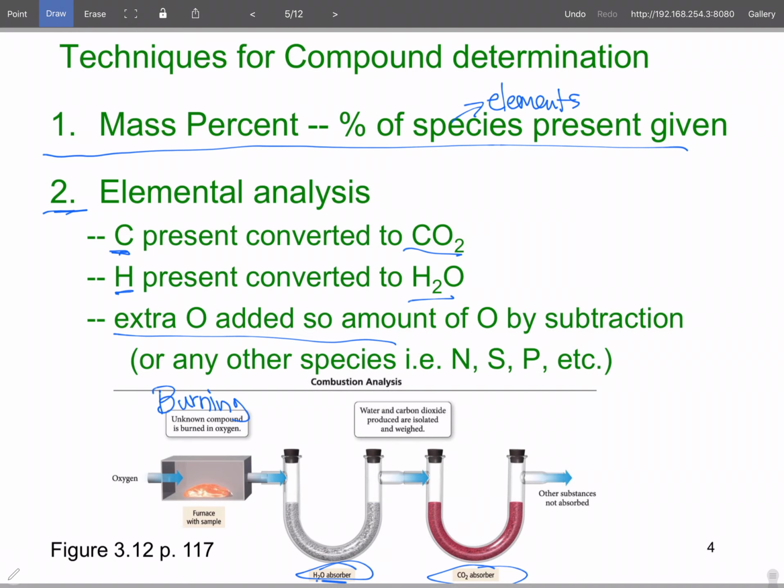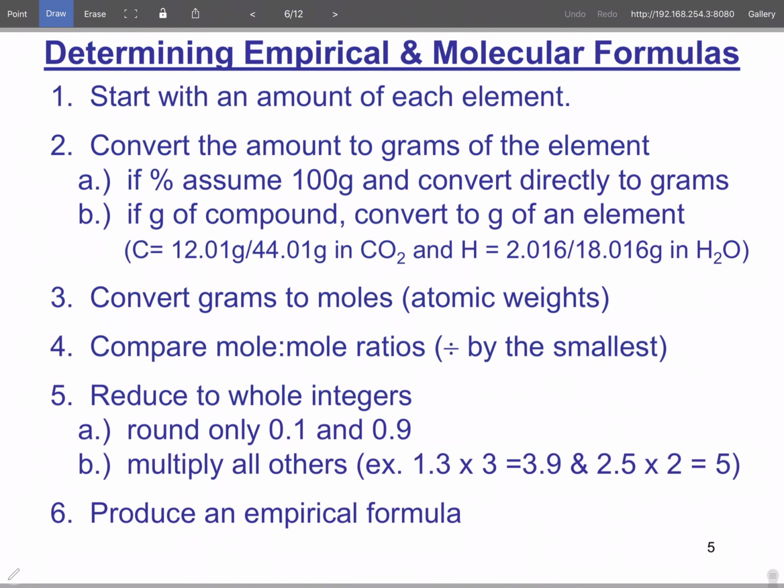Now, the trick to remember on elemental analysis, it's really critical, is that you cannot count oxygen because you keep pumping it in. Okay, so let me show you how to do this. If you follow these steps and you go down them, never go backwards, then you'll be good to go.